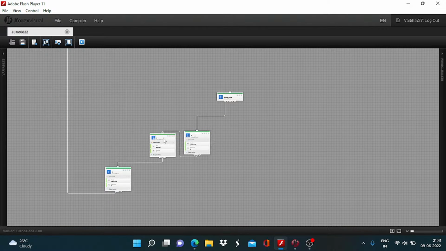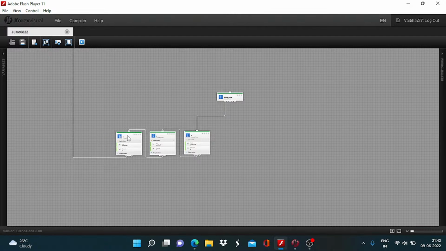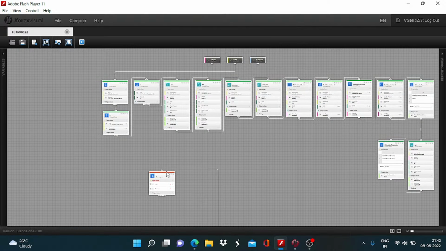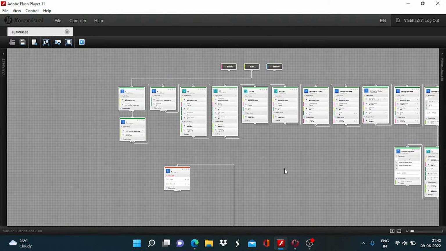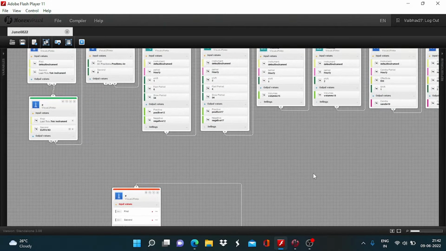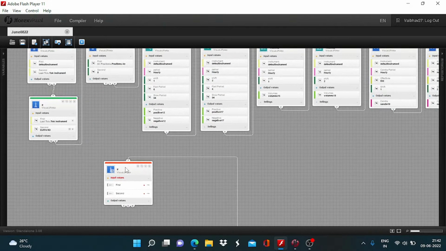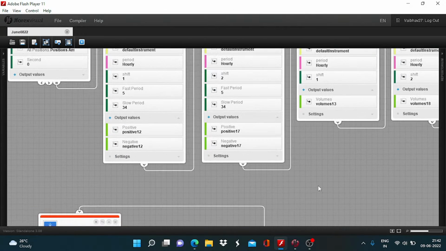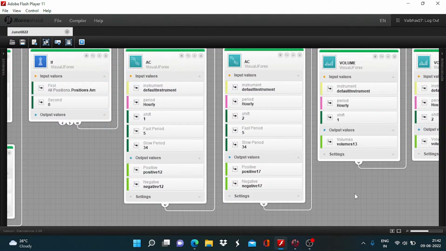Now we will need to create new variables, as we have to make sure that the last hour's volume output is more than twice compared to the prior hour's volume output, and same goes for the AC2 indicator output. The last hour's positive output needs to be more than twice of the penultimate hour's AC2 positive output. So I will have to calculate it.